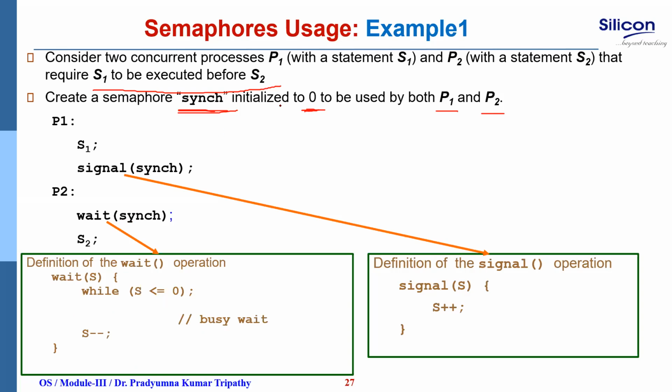What is the value of S now? S is 0, so it is waiting over here, spinning. When the work of S1 is over and it comes out, it will invoke the signal function by incrementing S. Once the value of S is incremented, this condition is false. And once this condition becomes false, it will enter the critical section for executing S2 by decrementing the value of S.